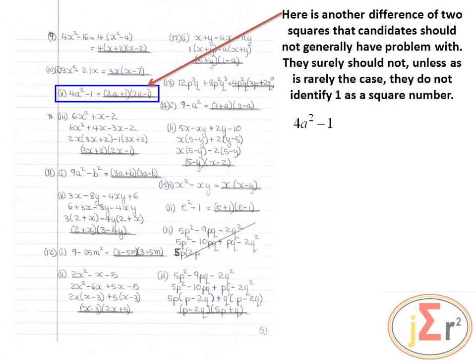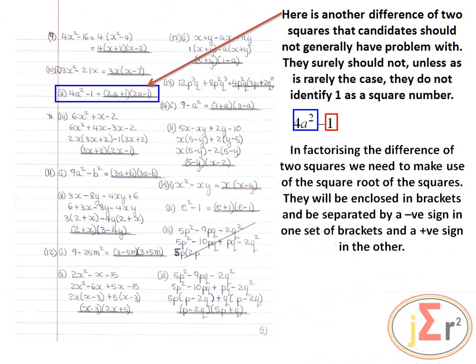Here is another difference of two squares that candidates should not generally have problem with. They surely should not, unless, as is rarely the case, they do not identify one as a square number. And we will probably take a look at the reason for students not identifying one as a square number.